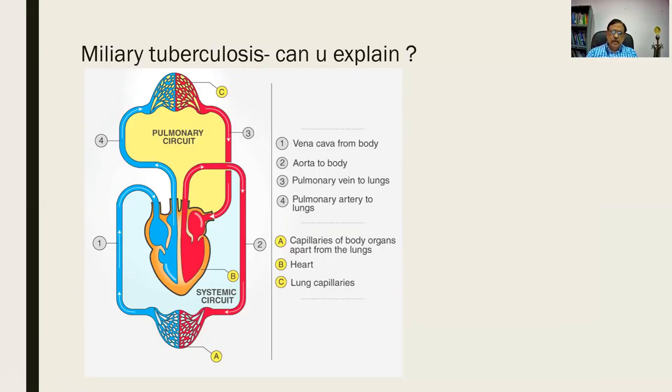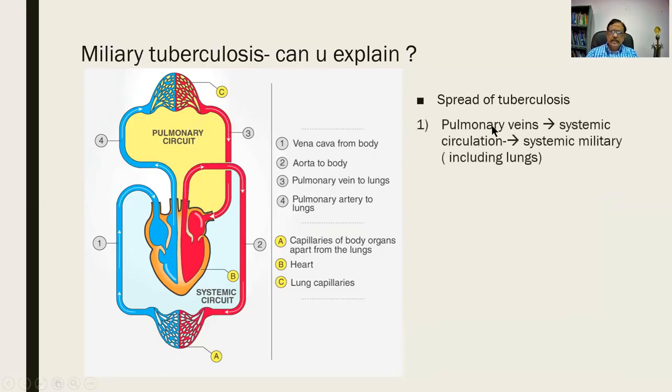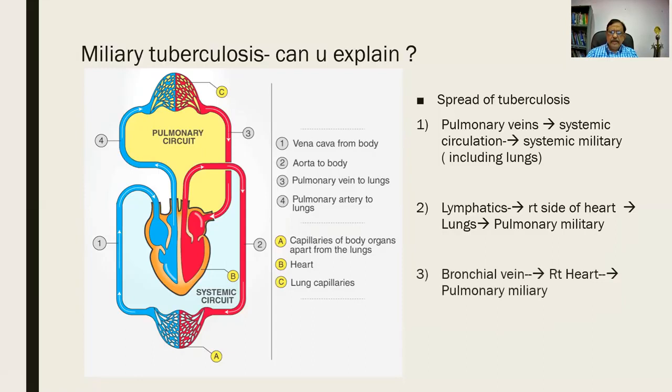So what are the types of miliary tuberculosis? I should explain the spread. So one is the pulmonary veins, systemic circulation, systemic miliary, including the lungs. Two is lymphatics, right side of the heart to the lungs, pulmonary miliary. And bronchial vein, right side to the pulmonary structures. So again, it is called a pulmonary miliary.